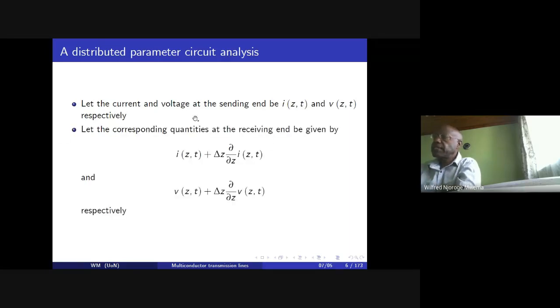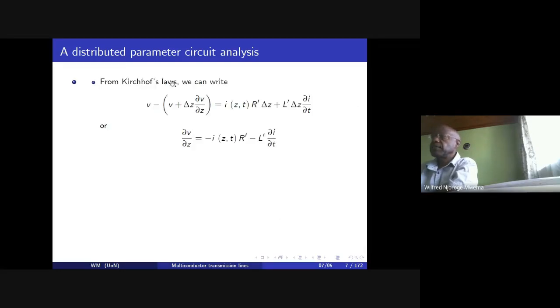So we let the corresponding quantities at the receiving end be given by Iz of t plus delta z d/dz of Iz of t. Here I've used a binomial expansion for that value, and the voltage at z plus delta z equal to Vz of t plus delta z d/dz of Vz of t, respectively.